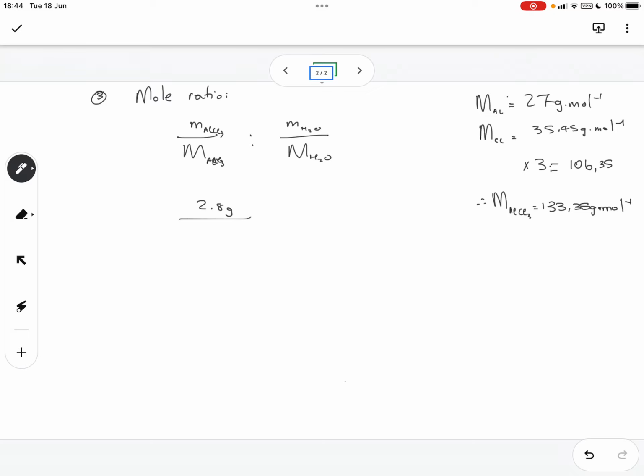So does everyone understand how we got the molar mass of aluminium trichloride? This one here.